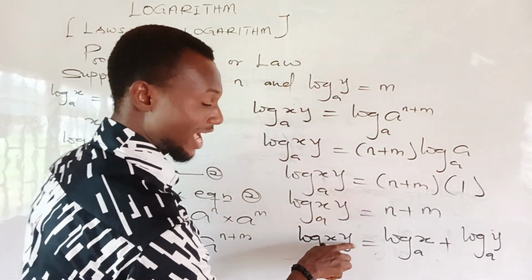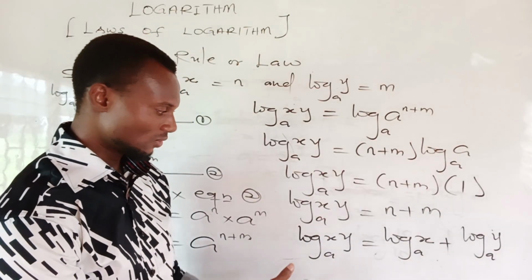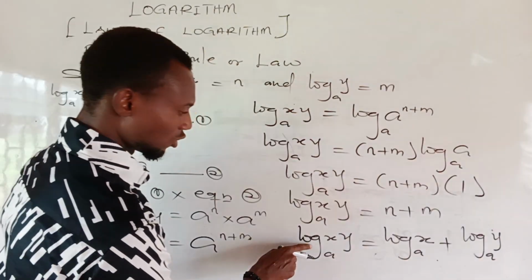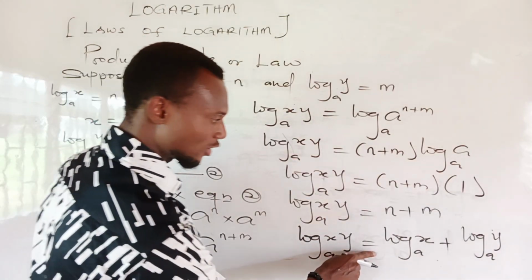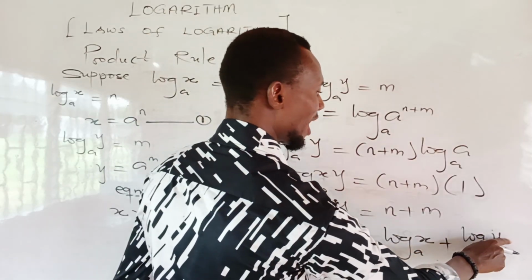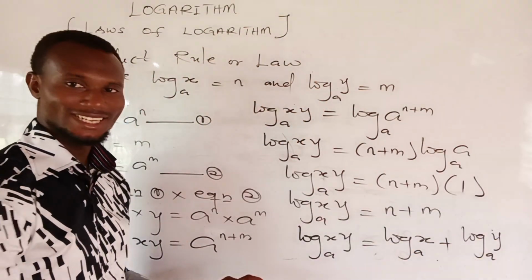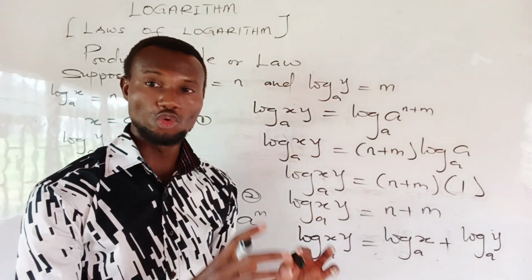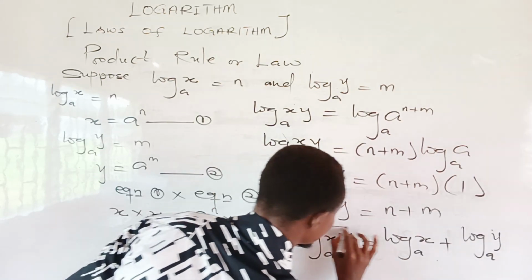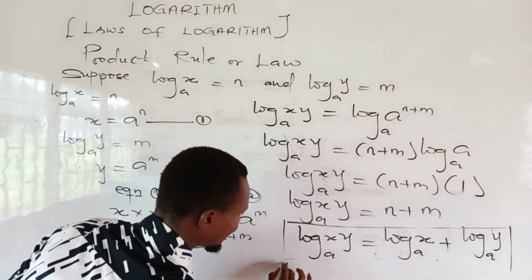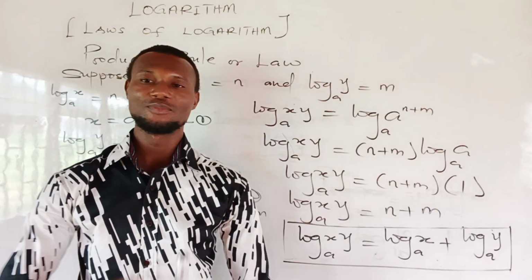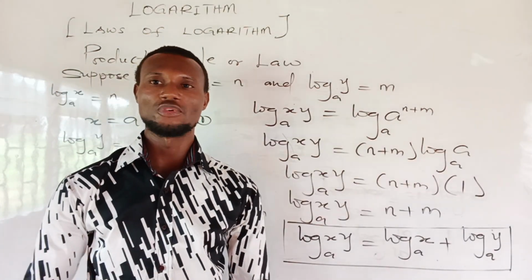So log sy, what are you seeing? Look at it. S and y, they are multiplying. So that's the product rule. So log sy to the base a equals the log of s to the base a plus the log of y to the base a. And this is the product rule or the product law of logarithm. Okay, so that is the first law of logarithm, which is the product law or the product rule.